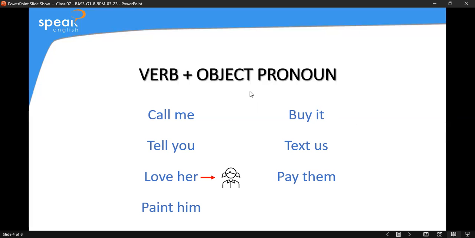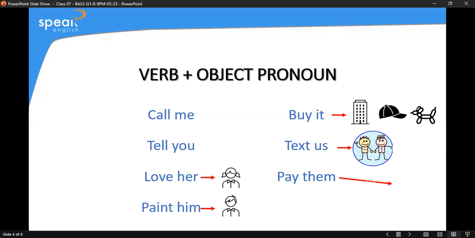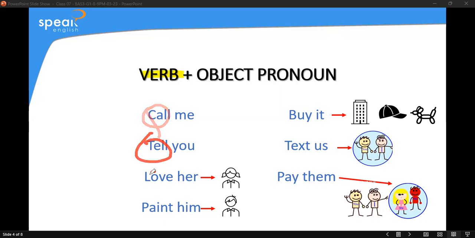So, as you can see, I'm just sharing these extra pictures so you can get a better idea. When we are creating sentences with the object pronouns, they come after the verb, okay? And you can see it in the example. Here I have the verb at the beginning, and after the verb, you have the object pronoun.